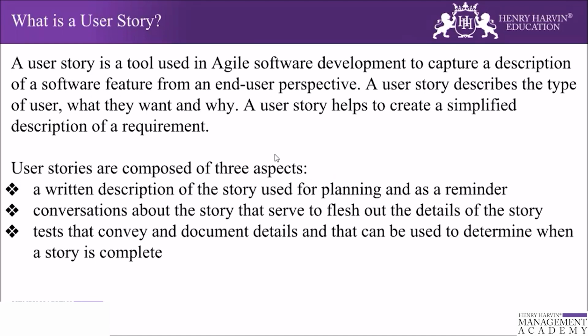So basically, in layman's language, a user story contains three important elements which describe what the user story is, what conversation about the story is going to happen, and how we can test and document the details that can be used to determine when the story is complete. Further on, we will see the detail about the user story.